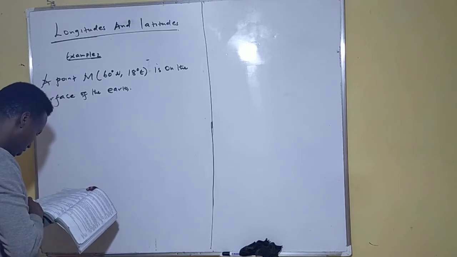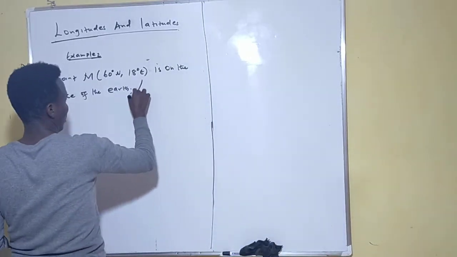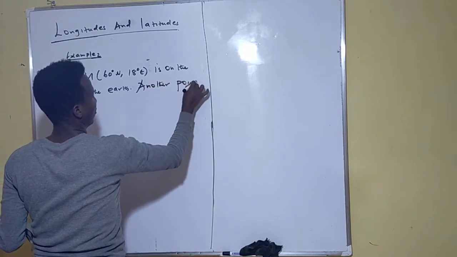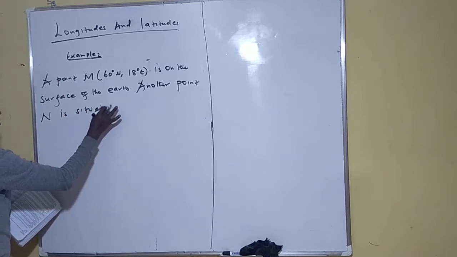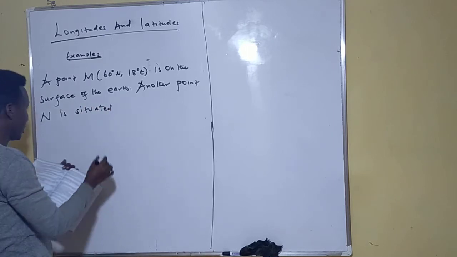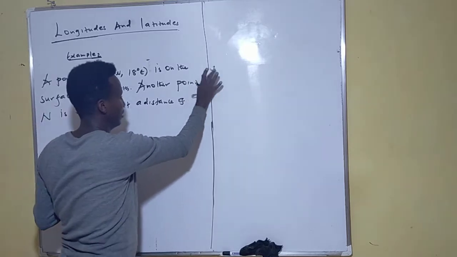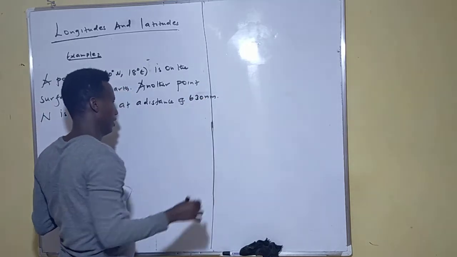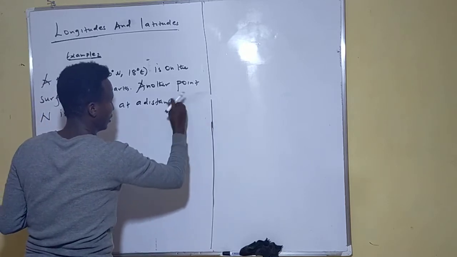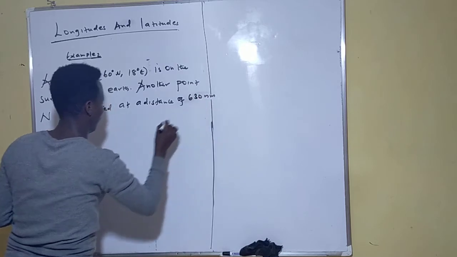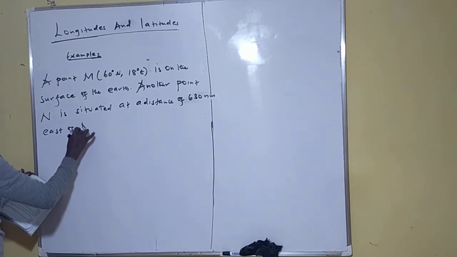You're told another point N. Point N is situated at a distance of 630 nautical miles east of M. Full stop.